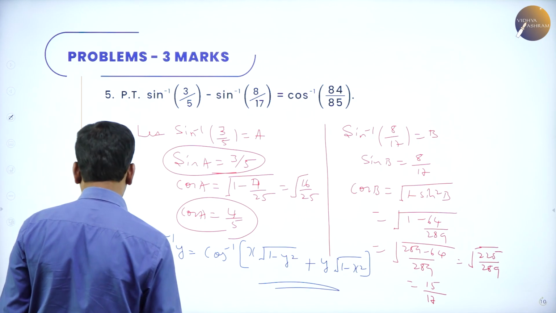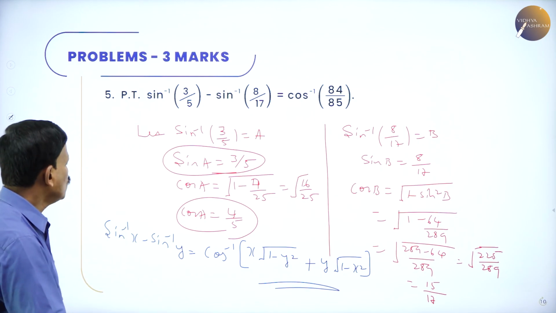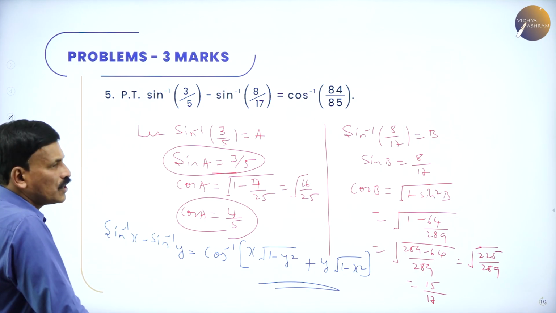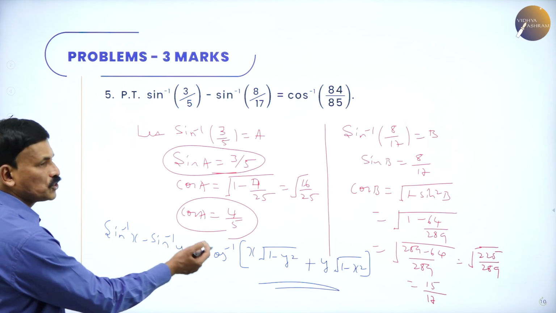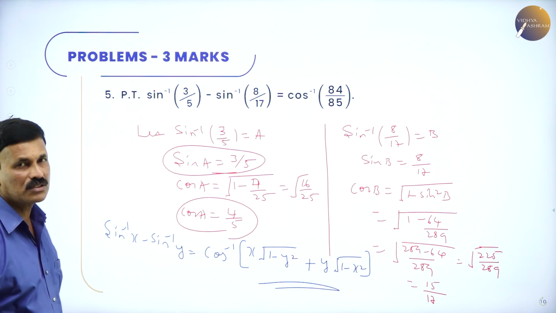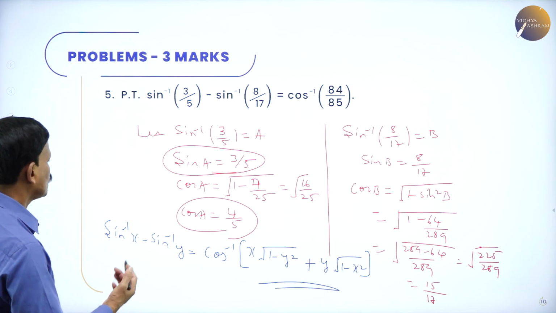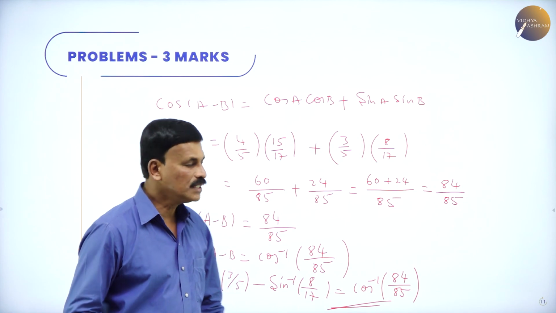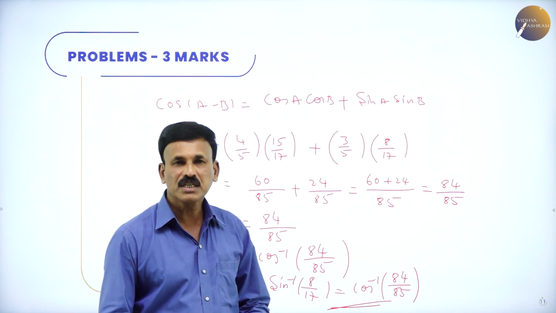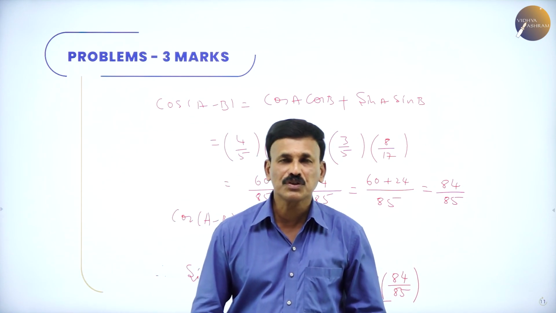Sin inverse of x minus sin inverse of y is also equal to cos inverse of x into root of 1 minus y square plus y into root of 1 minus x square. This is the easiest and simplest method to solve this problem. The required answer is cos inverse of 84 by 85.